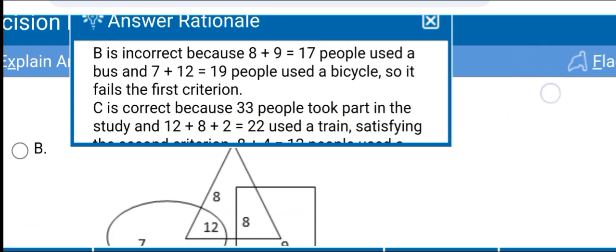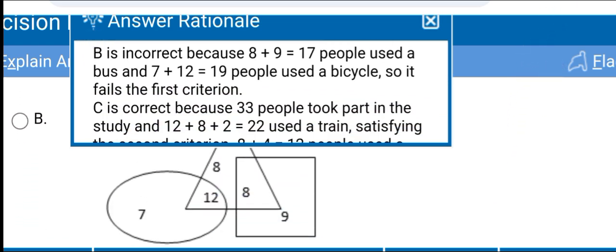B is incorrect because 8 plus 9 equals 17 people used a bus, and 7 plus 12 equals 19 people used a bicycle, so it fails the first criterion.